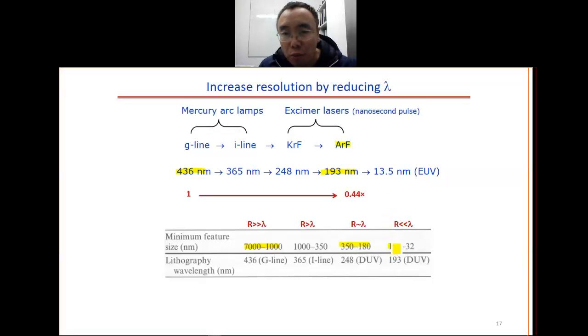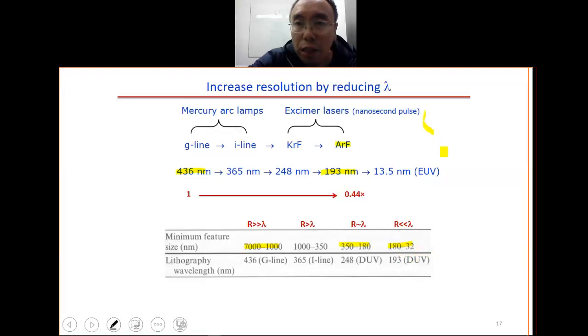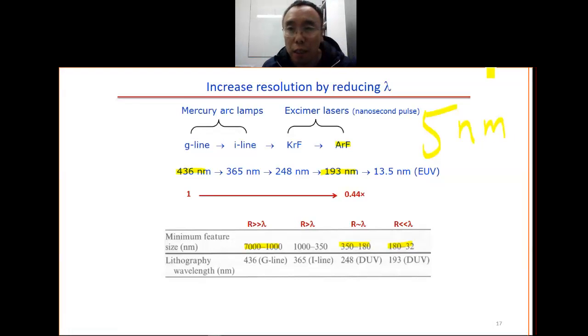This one is used to make chips from 180 nanometer down to 32 nanometer. Today it is no longer 32 nanometer, today it is 5 nanometer. Even a 5 nanometer node can be made by using 193 nanometer wavelength.